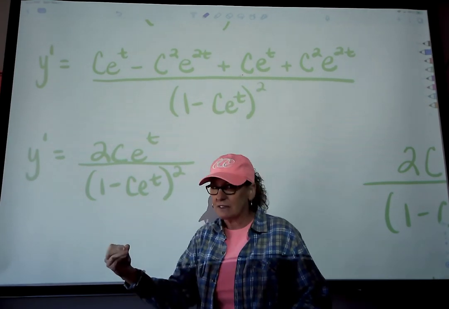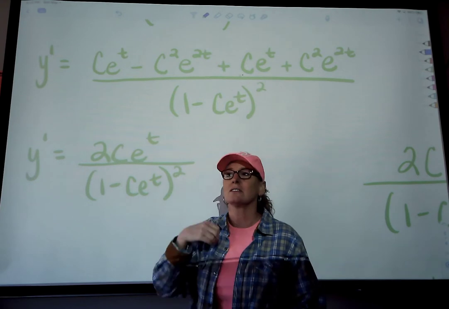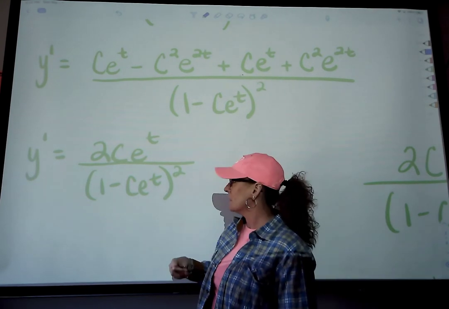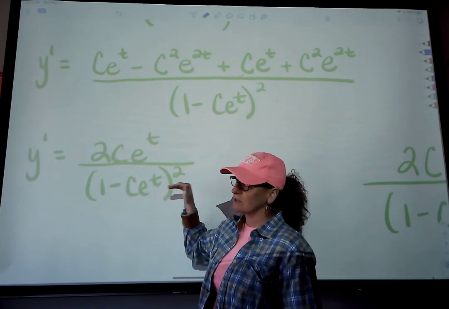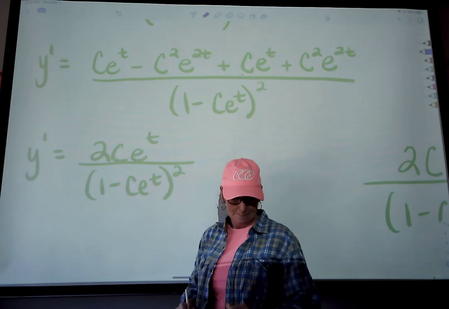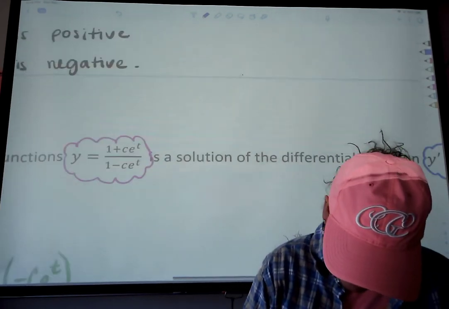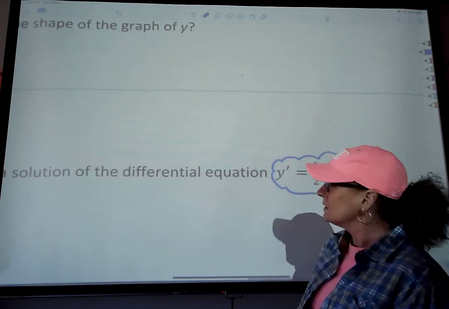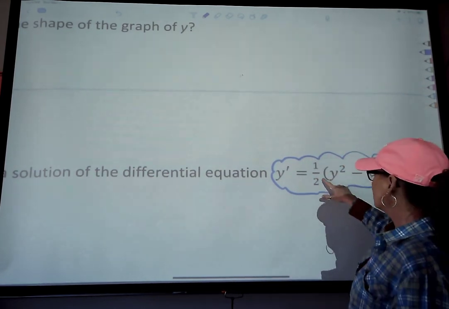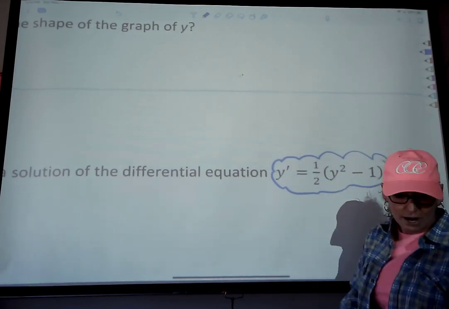Why am I ignoring the c and the e? Because they're constants. T is my variable. This is my derivative in terms of t. And this is my derivative in terms of y.